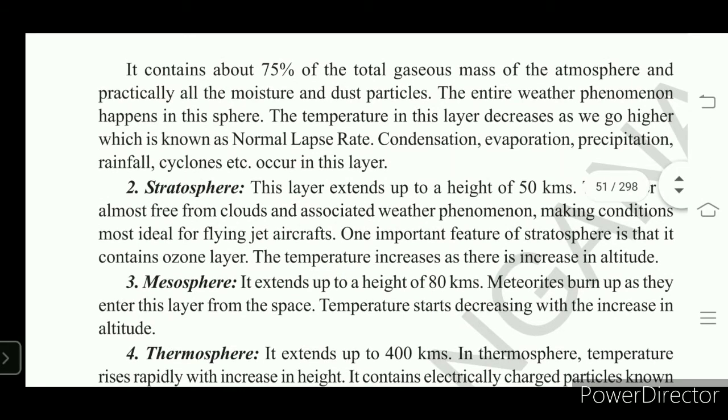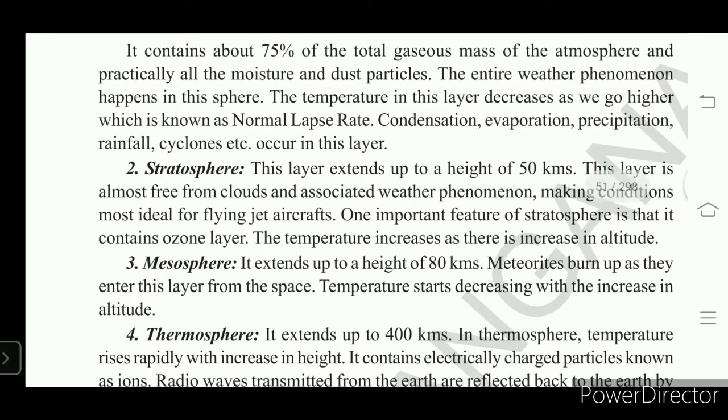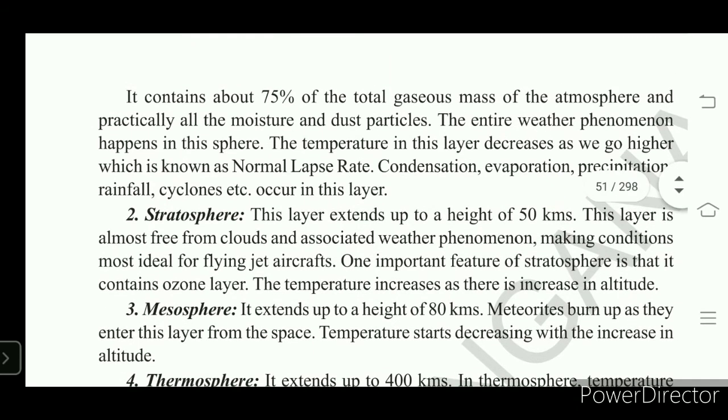That means sometimes we see a pleasant atmosphere, sometimes bright sunshine, sometimes it is covered with clouds, right? So all these types of changes occur in the troposphere only. Hence I call it the most important layer, right?